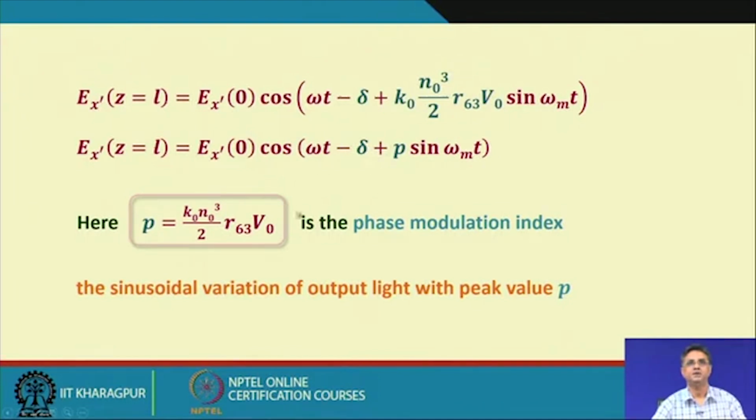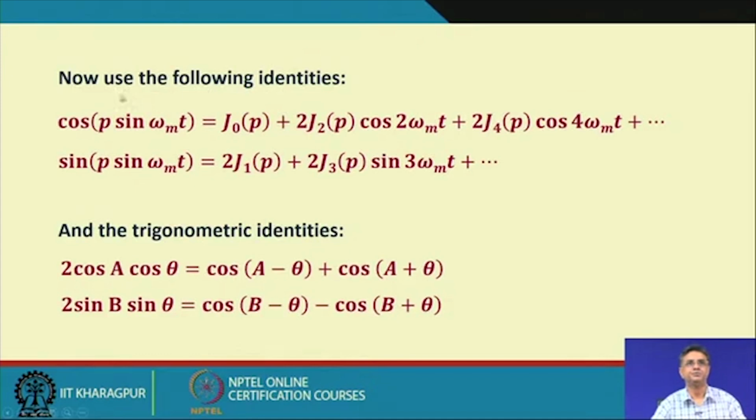This p is the phase modulation index, which is again well known. This is the peak value of the modulation, the sinusoidal variation of the output light with a peak value of p. So, that will be the modulation index, right.